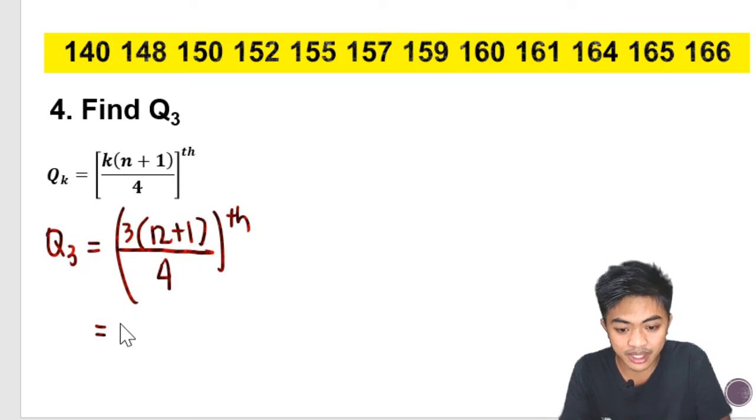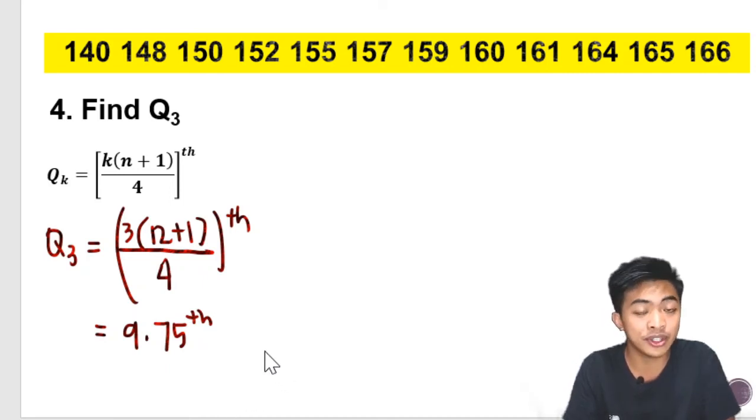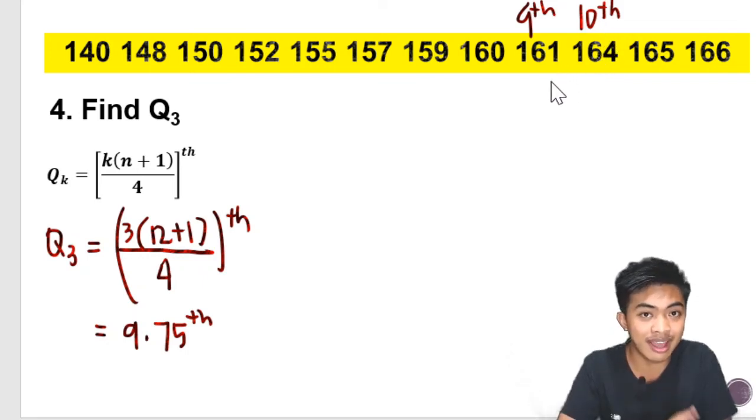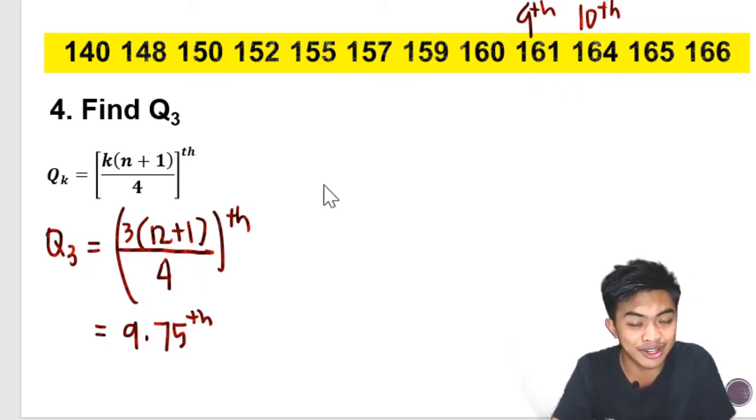So the result is 9.75th. So we're looking for the 9.75th number. So the number that we're looking for is somewhere in between 161 and 164. Okay, to get that exact number, we do linear interpolation.